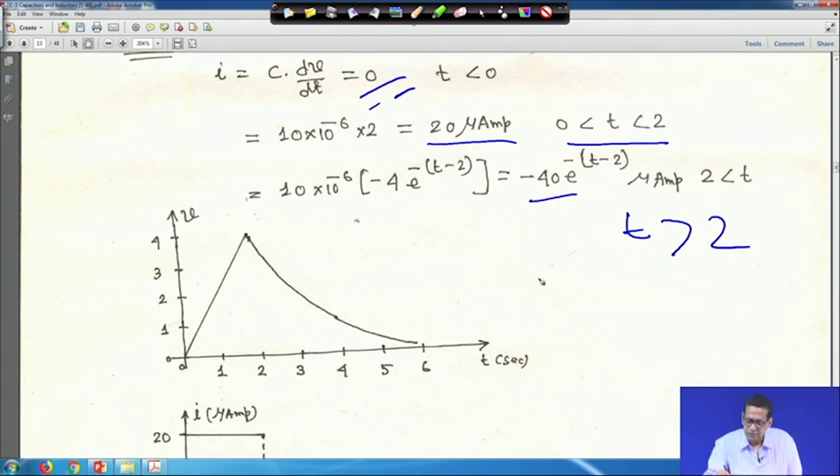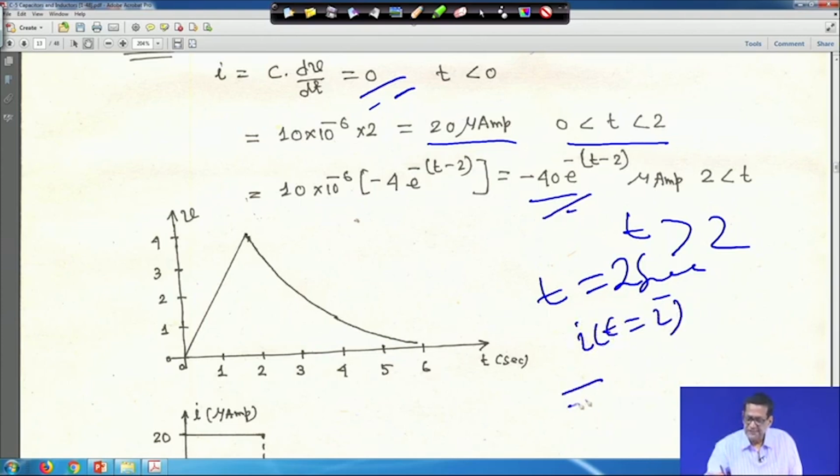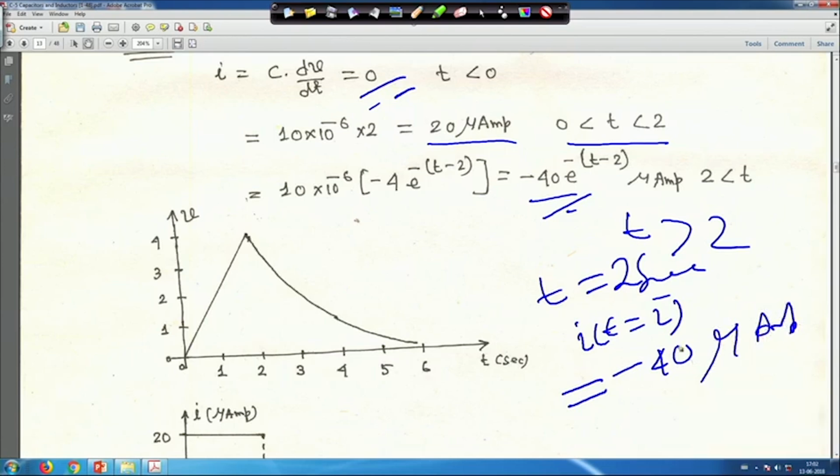Now when t is equal to 2 seconds, I(t) will be minus 40, because the power is 0 when you put 2. So it will be minus 40 microampere at t equal to 2.